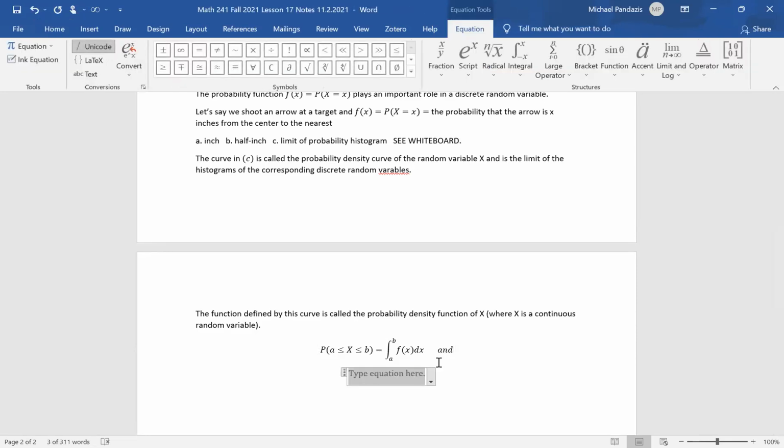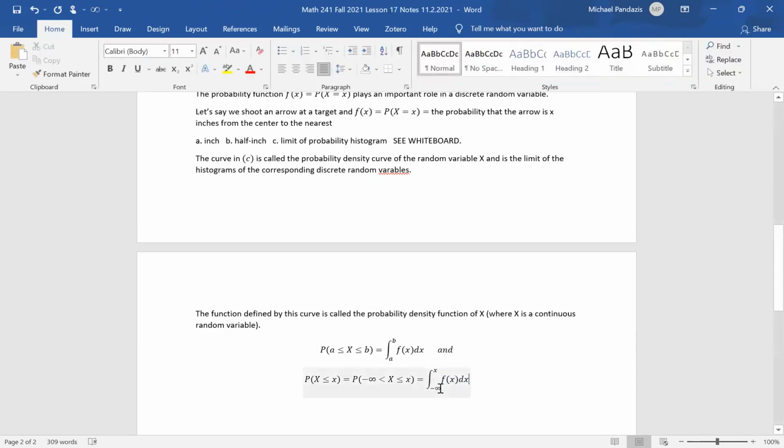And the probability that X is at most a particular value is equal to the probability that X is at most little x. Like this. So the probability that negative infinity is less than X, less than or equal to little x, and that's equal to the integral from negative infinity to little x of f of x dx.